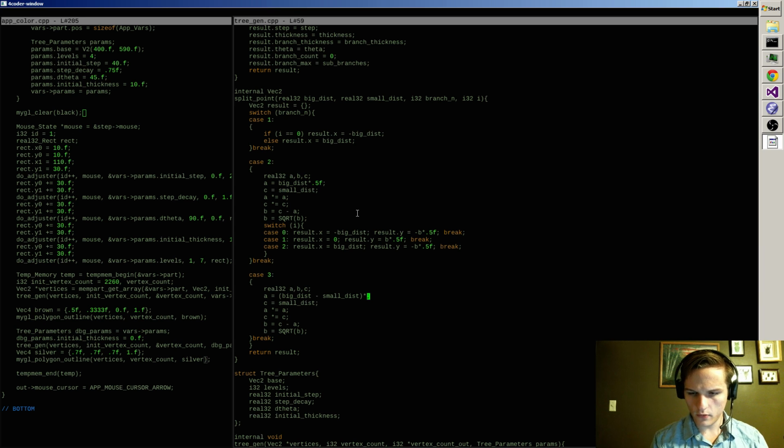Oh, wait a minute. With 3, small distance doesn't even necessarily need to be smaller, which means this only works when small distance is smaller.